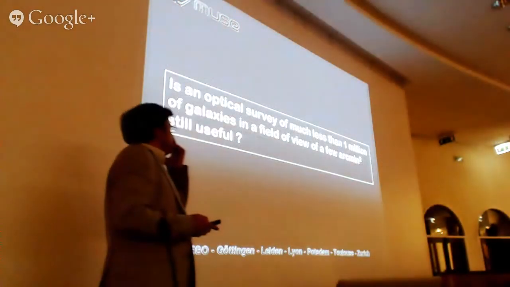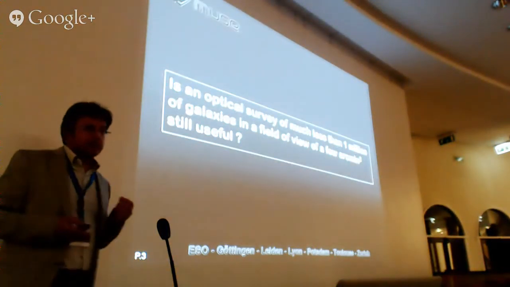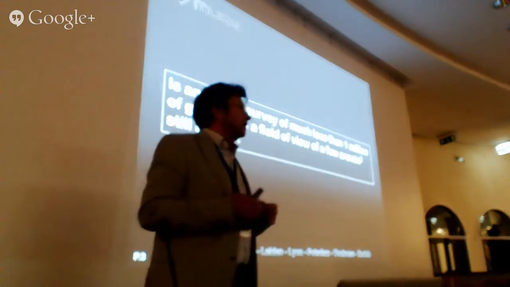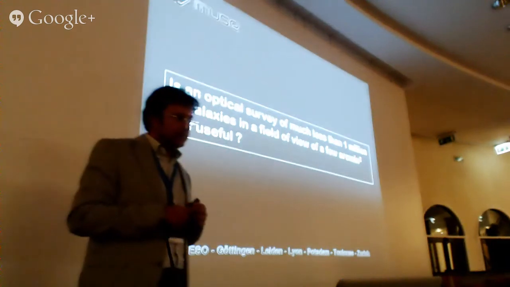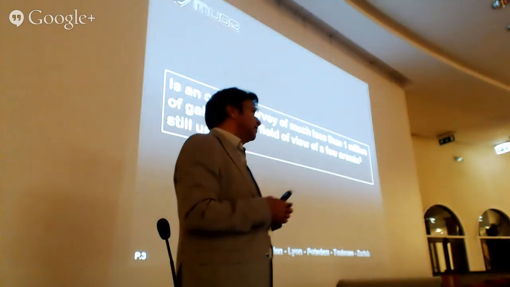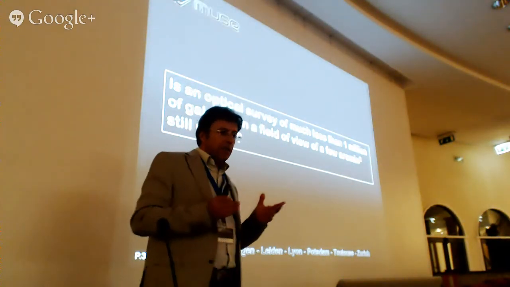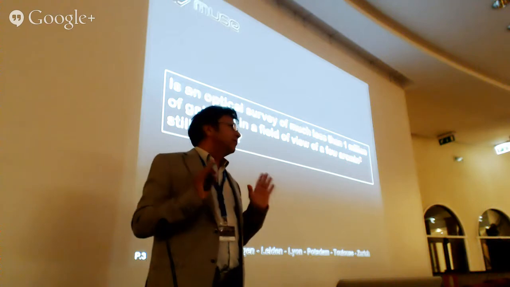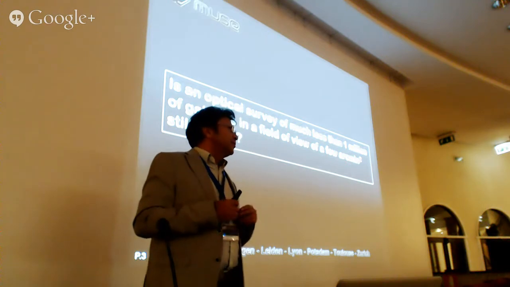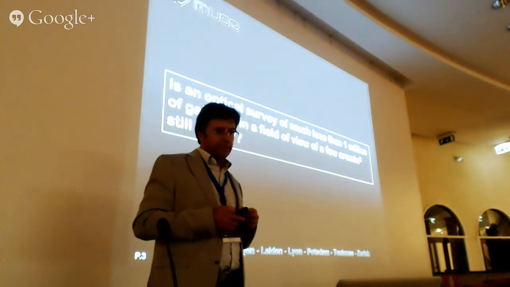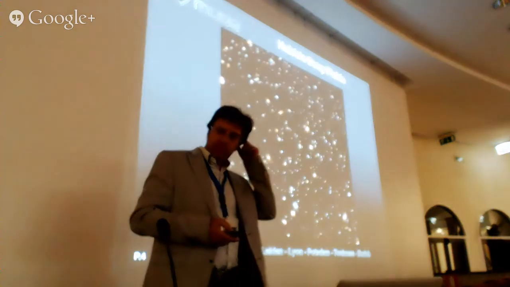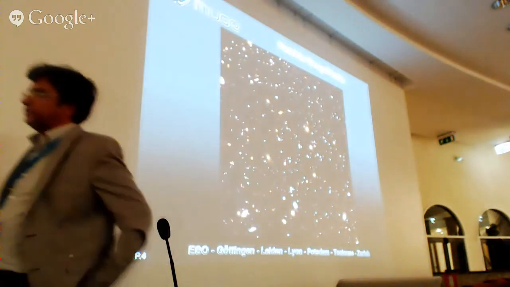Do you think that an optical survey with less than 1 million galaxies and a field of view of a ridiculous few arcminutes is still useful? If you think no, my talk is done. But I will try to convince you that there are still a few things to do in this sort of work. And the main reason is that image.